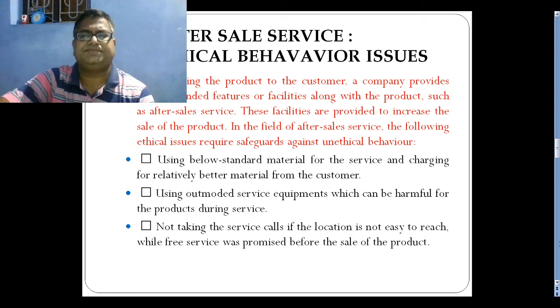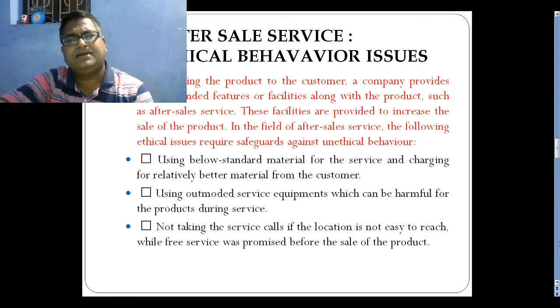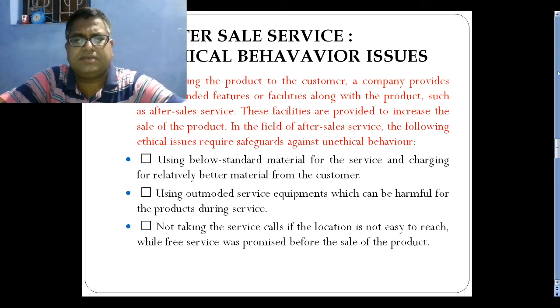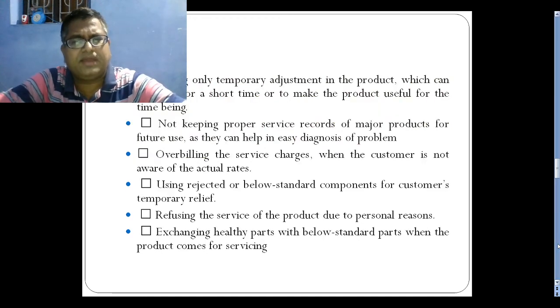Another one is marketing research, and the third one is after sale service, and promotional and advertising campaigns. Some other ways we can address this is by making temporary arrangements for the product and keeping proper service records.